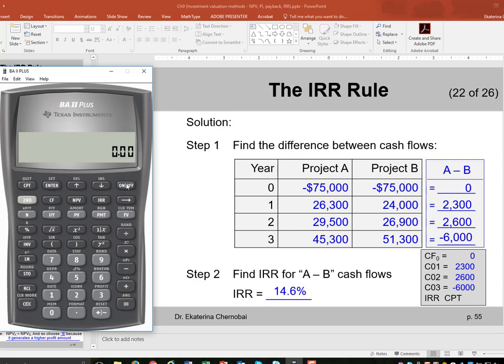Turn the calculator on. Let's start by clearing it. Second, plus minus, enter. Start by pressing the cash flow button. For year 0 we have 0. So you want to save what's on the display, which is $0, by entering enter. Then press the down arrow key. Cash flow 01, that's the first cash flow in the future.